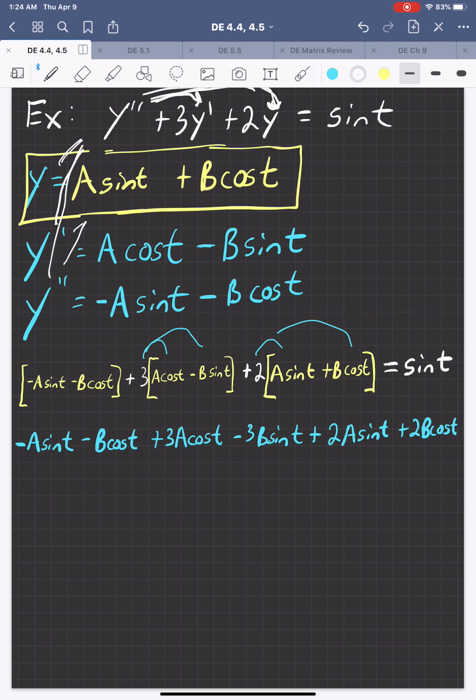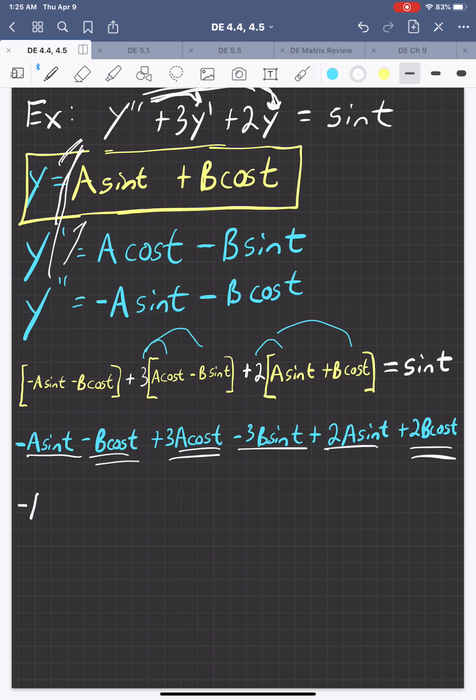What we're going to do is write anything that has a sine, any variables with a sine, and cluster them together, and anything with a cosine is going to get clustered together. I know that you might be able to do some of this in your head, but I want you to have some good notes for this problem. So let me cluster them.